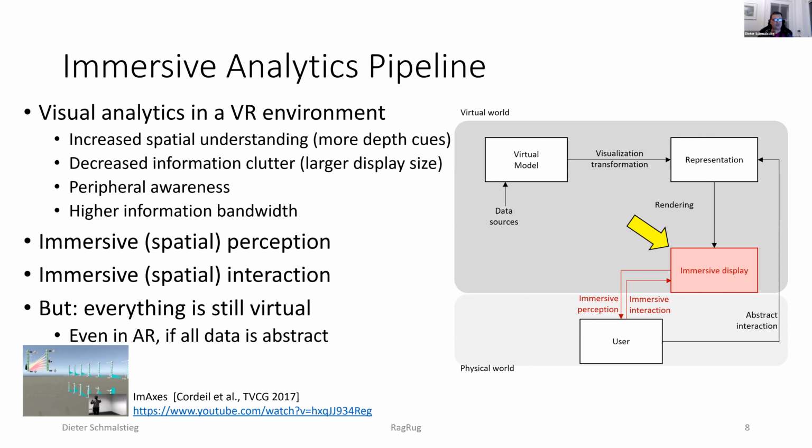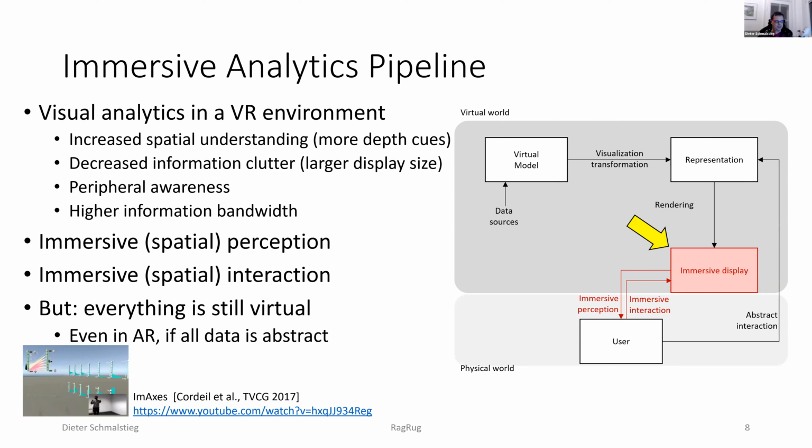You can support peripheral awareness, at least if you have a good VR headset that has a wide field of view. And in general, we can assume that there's a higher information bandwidth because you can just show more data, more pixels. And so as a result, you get immersive perception, or call that spatial perception if you want.